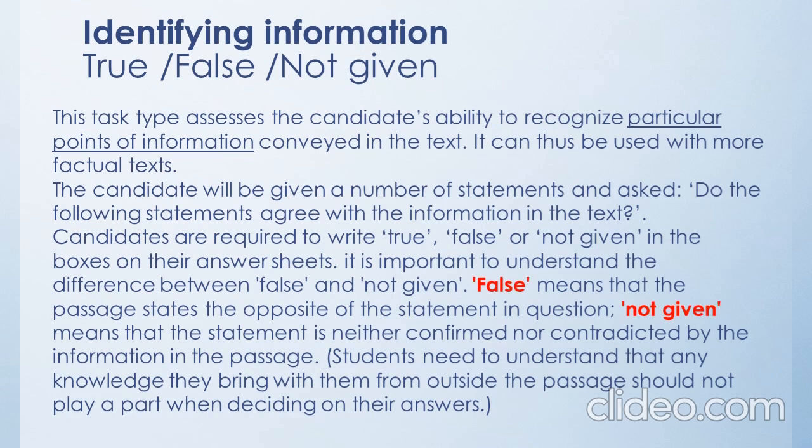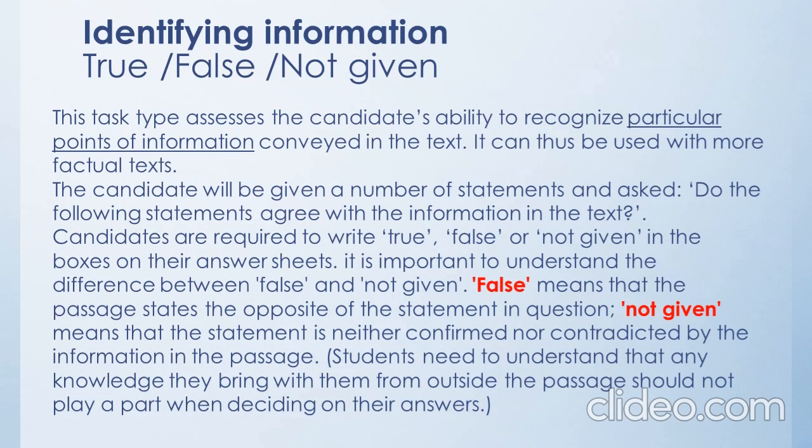So you should see a clear contrast between the statement and the information given in the text. It's like you need to prove that this contradicts the statement. And on the other hand, not given means that the statement is neither confirmed nor contradicted by the information in the passage.